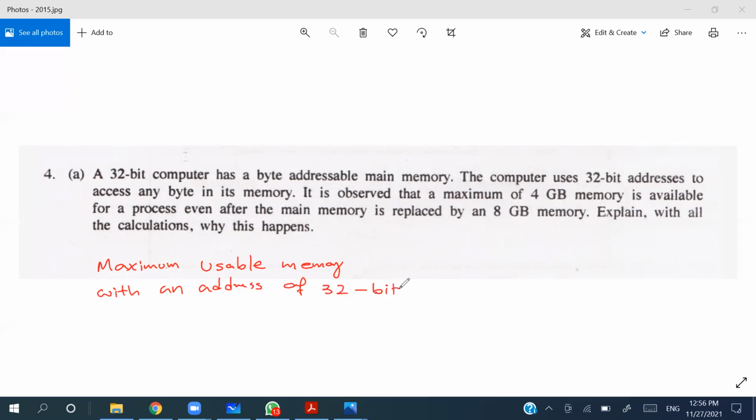So it will be much clearer about what I'm saying, right? So we are going to show it's 2 to the power 32 bytes, right? So we can show this is equal to 2 to the power 2 gigabytes. That means 4 gigabytes, right? So you know how the 2 to the power 32 is going to become 4 GB, right?